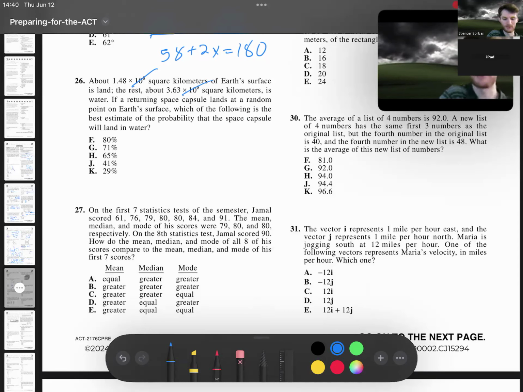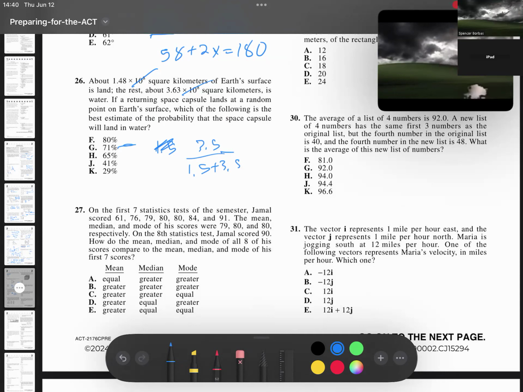I'm going to try an approximation. 1.5, that's land. This is probably water. So 3.5 over 1.5 plus 3.5 equals 3.5 divided by 5. That's like 70%. So I think it's G.